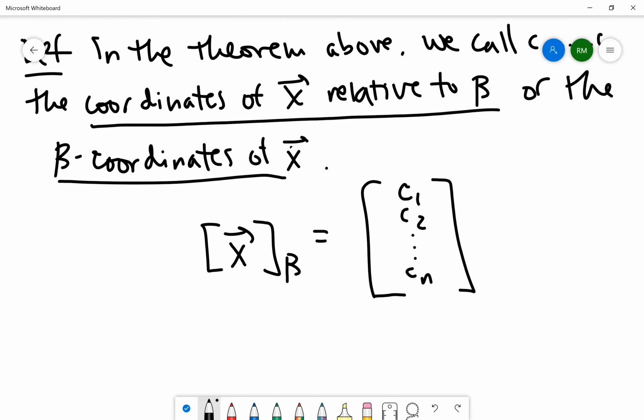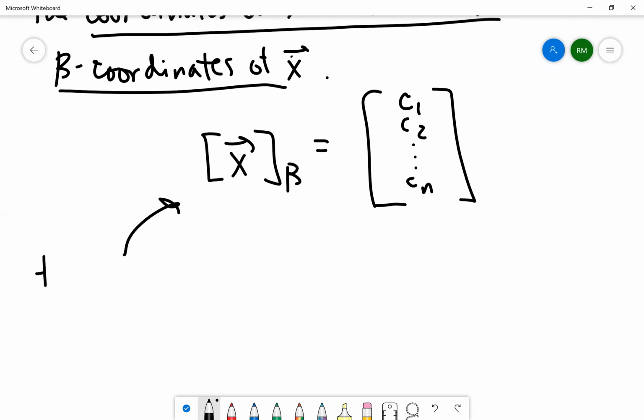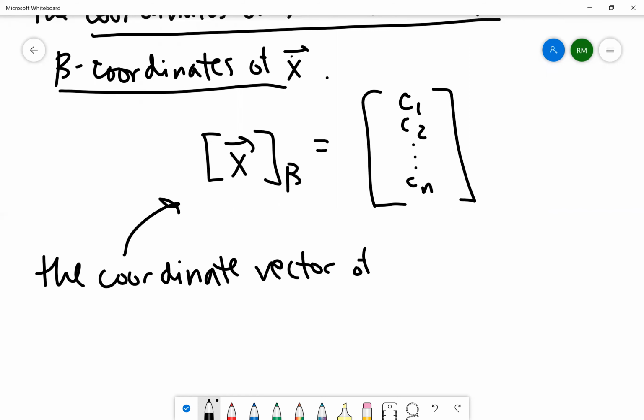All right, and we call this expression over here and the expression on the right, the coordinate vector of x relative to beta.